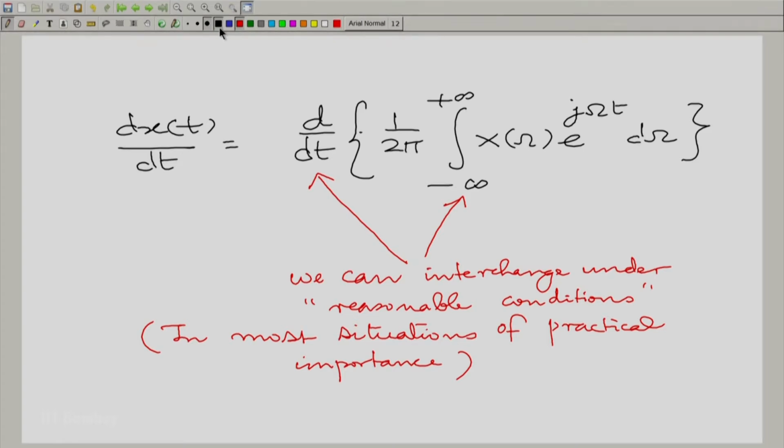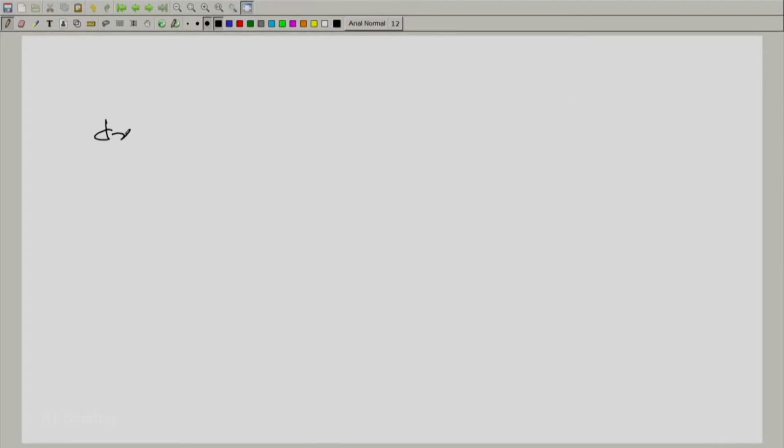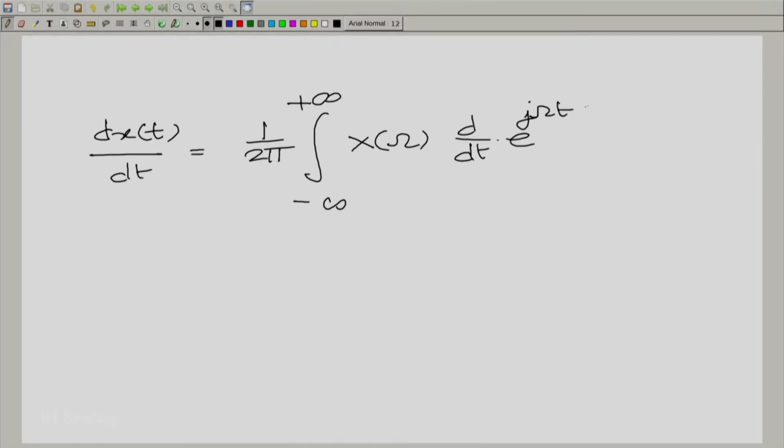So, when we so interchange, what do we get? We get dx(t)/dt is, well, you can bring the 1/2π outside anyway, and the integral stays as it is, and the d/dt operator is going to operate only on the term which has time.